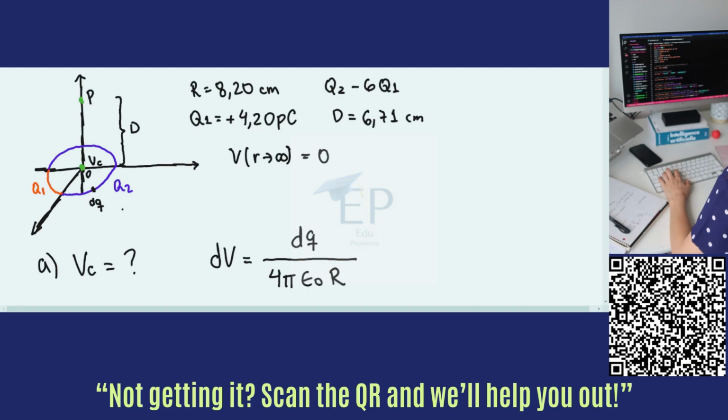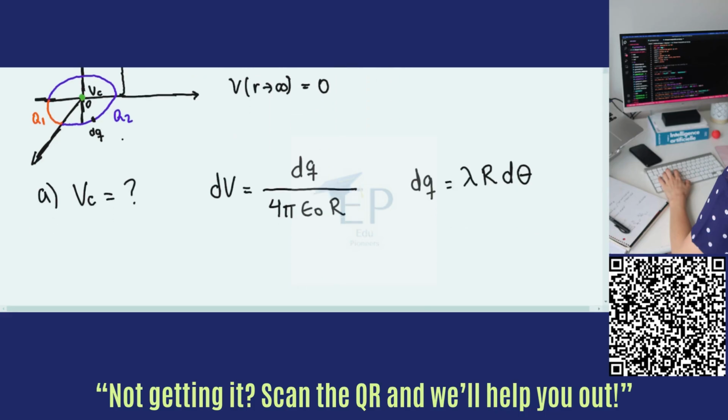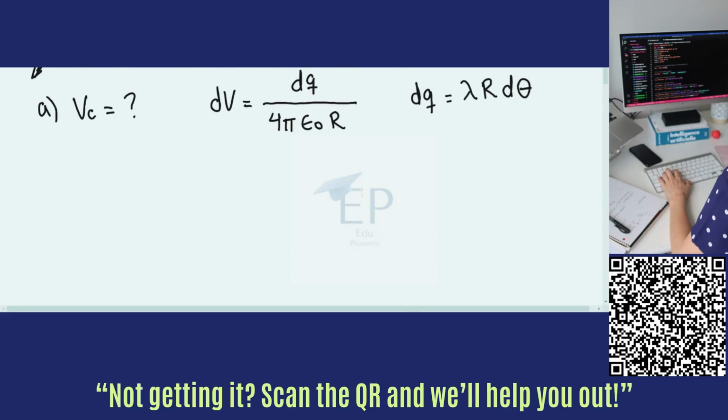So having that, we can define this differential dq as the linear density times the radius times the differential in angle. So with that in mind, we can simply take the integral of this differential in charge.